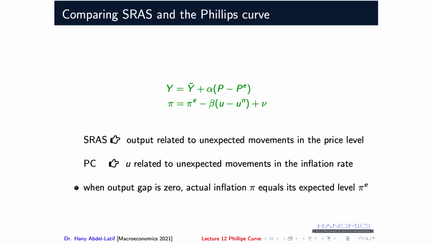In that case, you will see that actual inflation pi equals its expected level pi e, or pi with the superscript e. This is one thing we learned from this relationship so far.